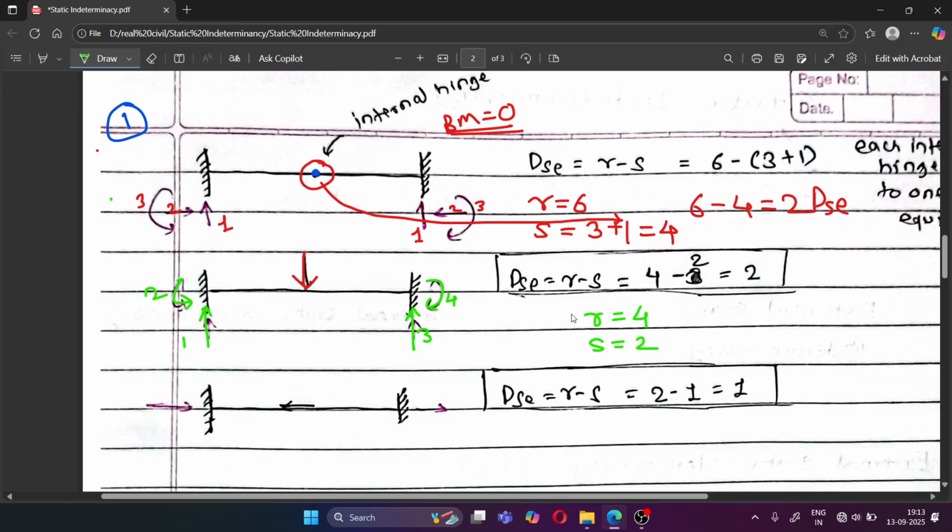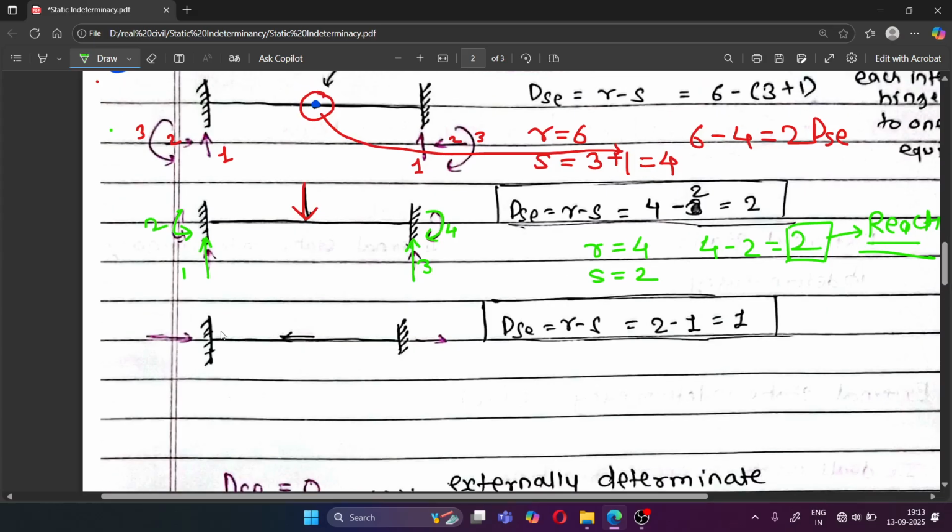Moment and vertical. Summation Fx is not used because there is no horizontal load. So 4 minus 2, that is equal to 2. This is my external static indeterminacy. That means there will be 2 unknown reactions in this particular beam.